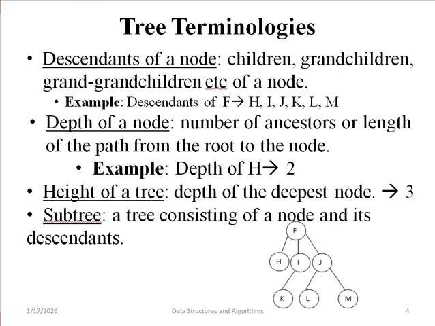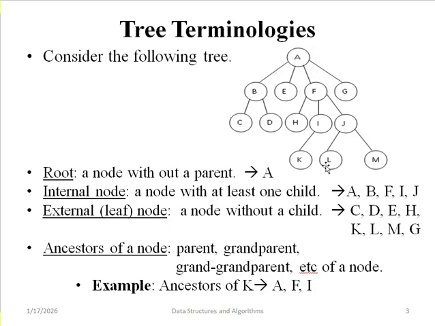The height of a tree is the depth of the deepest node. For example, the height of the tree is 3 because of the deepest node, that means the node at the deepest level of the tree.